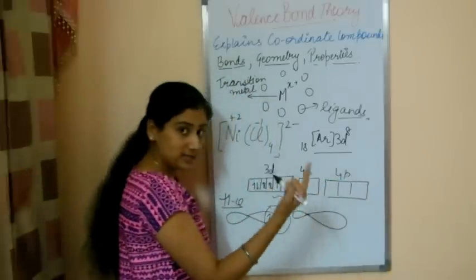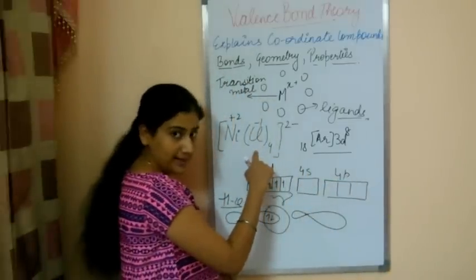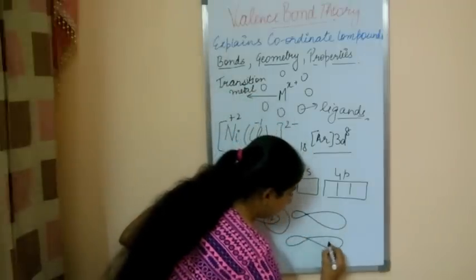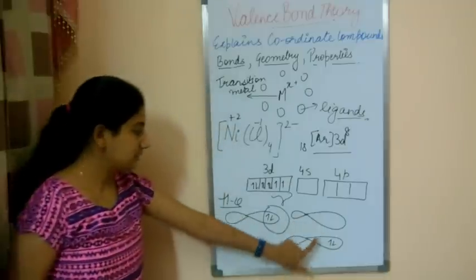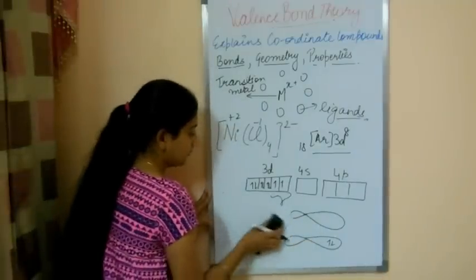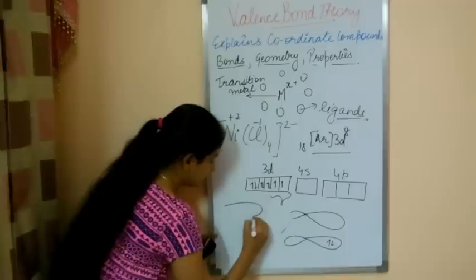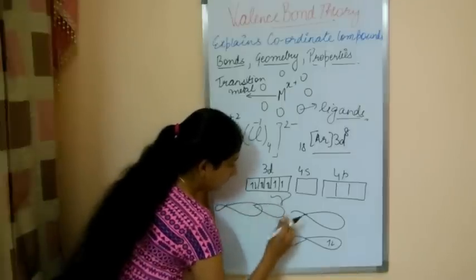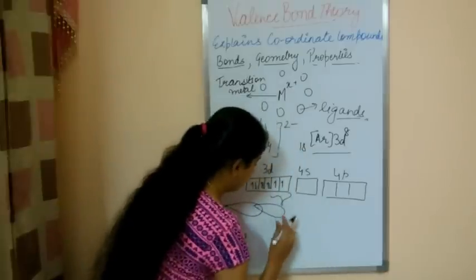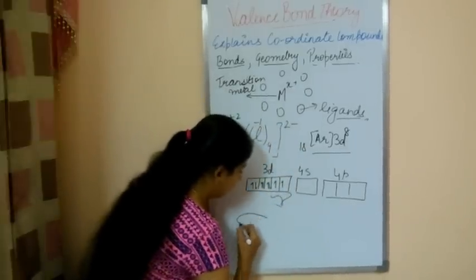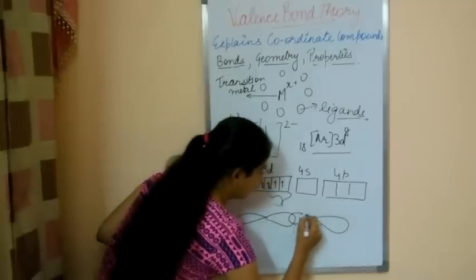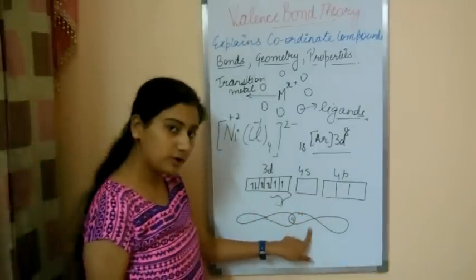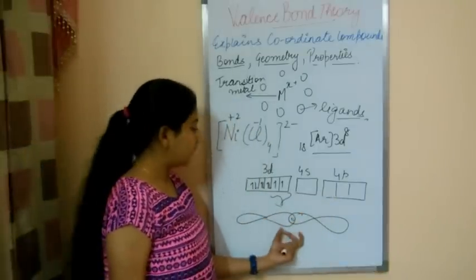So the last p orbital of chloride ion is completely filled. So they overlap each other. Now this is one p orbital, this is the other p orbital. This was the empty orbital of the metal ion. This is the fully filled orbital of the ligand, and they both have overlapped and formed the bond.